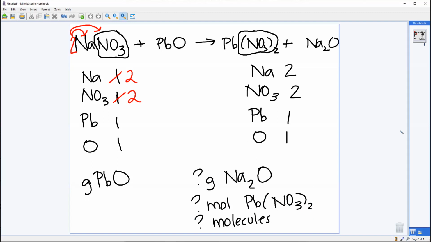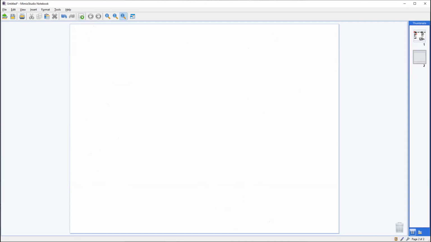Okay. So let's say that in this equation, I'm going to rewrite the equation I just had. 2NaNO3 plus lead oxide.